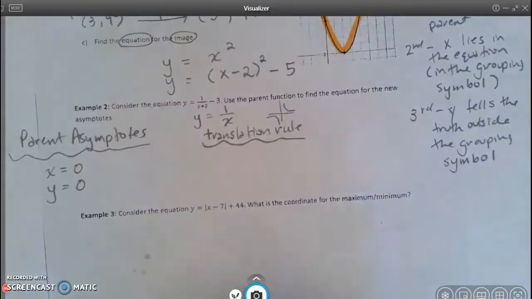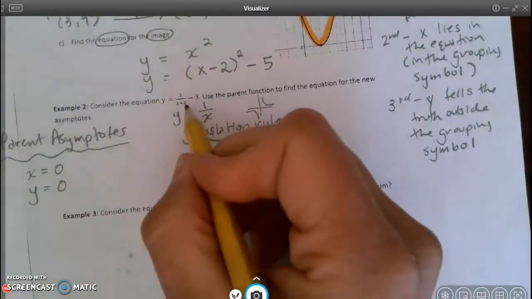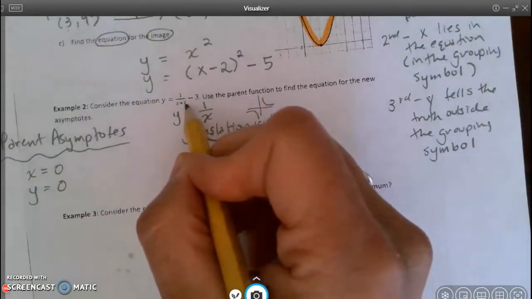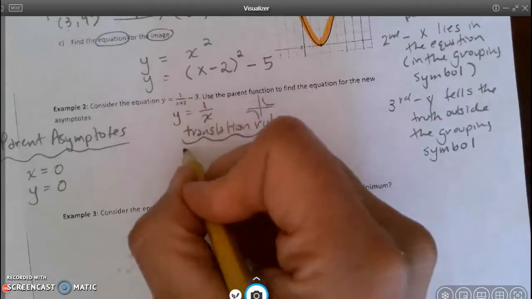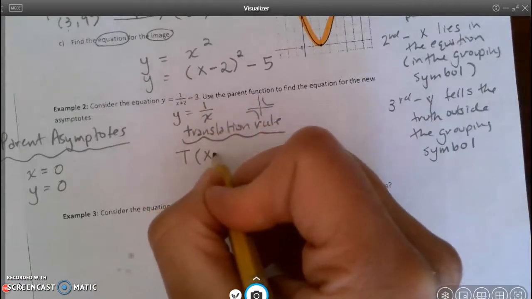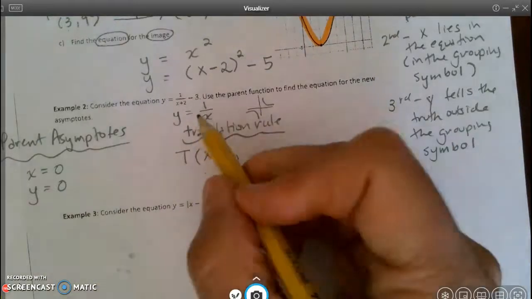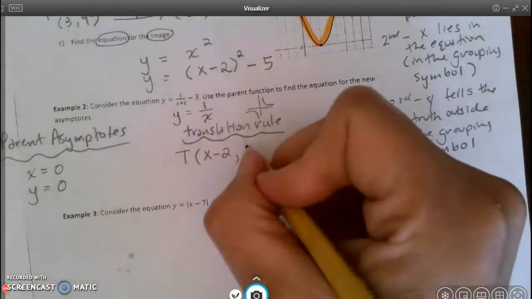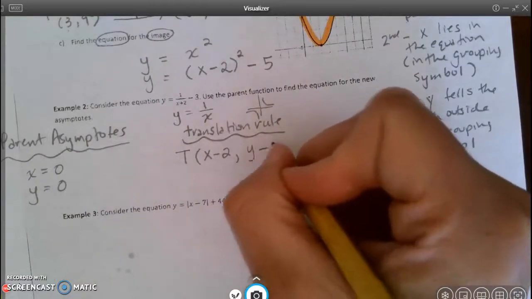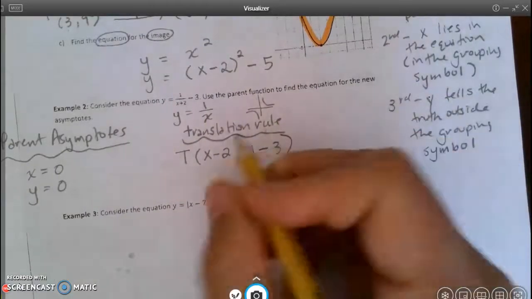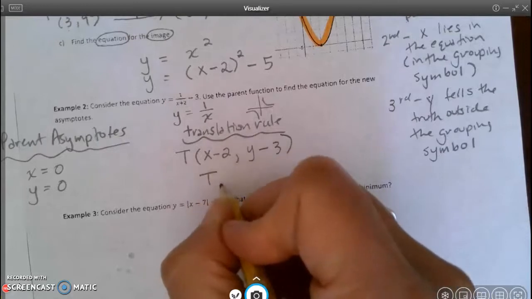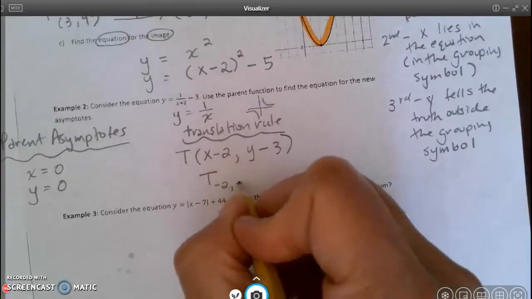I have x plus 2 in the equation, which means it's going to be x minus 2 in the rule. And to the y, I subtract 3, and y tells the truth, so that's going to stay y minus 3. I could also write that translation rule as negative 2, comma, negative 3.